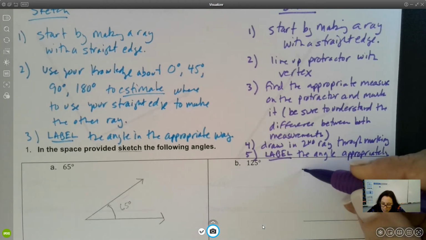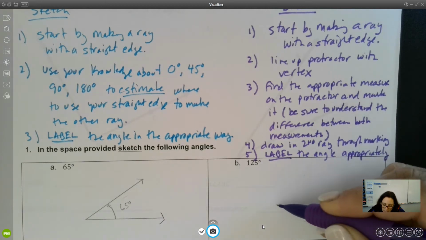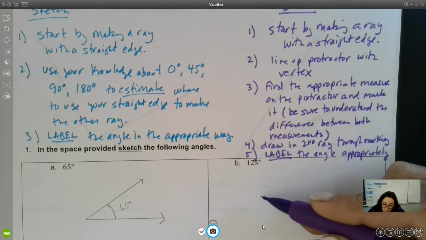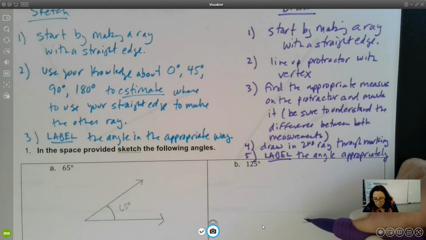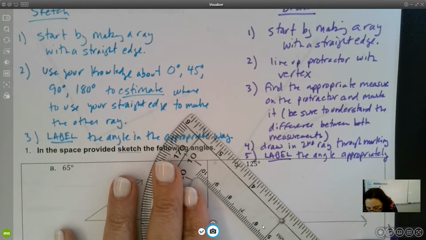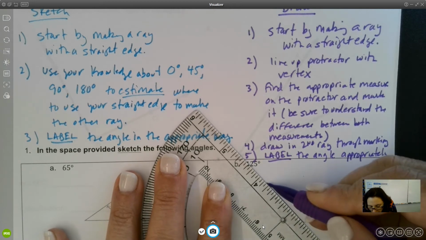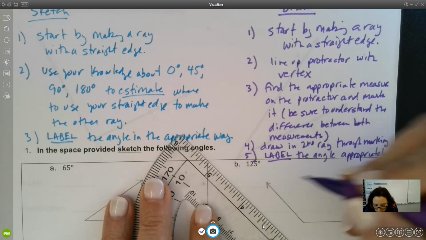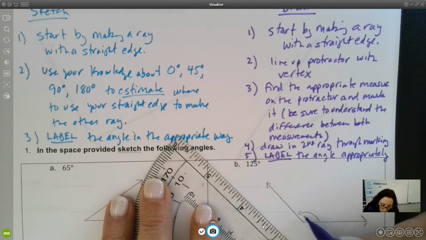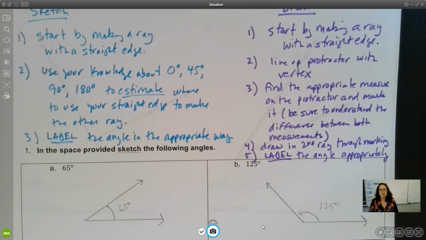If this is 90, halfway in would be another 45, so that'd be 135. So we're not going to be quite halfway into that. We're going to be right about there. Again, I roughed it. If I mark it 125 degrees, guess what? It is 125 degrees. Hopefully you've got sketching down.